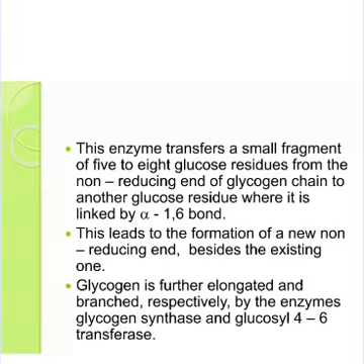This enzyme transfers a small fragment of 5 to 8 glucose residues from the non-reducing end of a glycogen chain to another glucose residue where it is linked by alpha 1,6 bonds. This leads to the formation of a new non-reducing end beside the existing one. Glycogen is further elongated and branched by the enzymes glycogen synthase and glucosyl 4,6 transferase respectively.